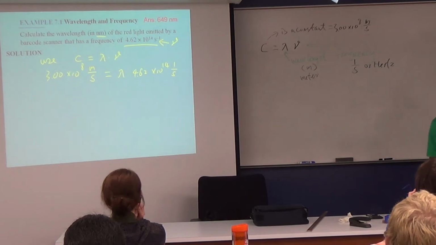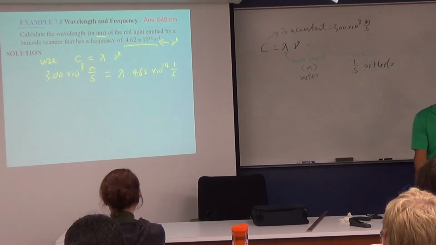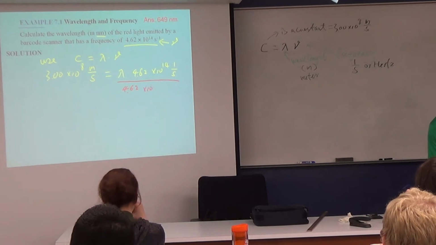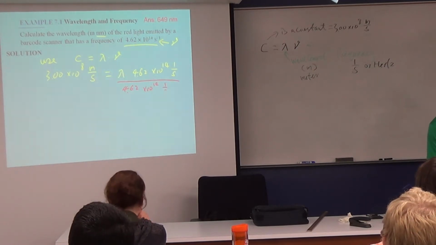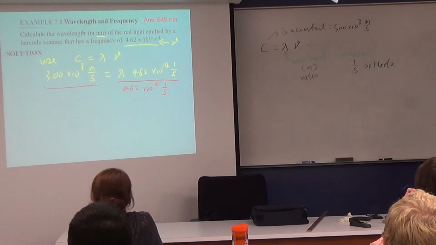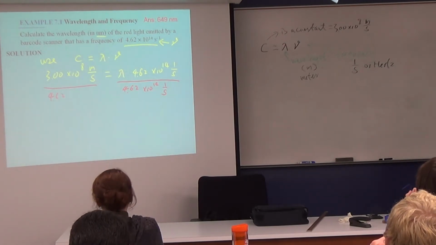You can count them out right now, but if you prefer to count them out later, you want to find this number. So what you do, you divide by 4.62 times 10 to the 14, 1 over s. You do that on the right side, and you do the same on the left side, 4.62 times 10 to the 14, 1 over second. Right?